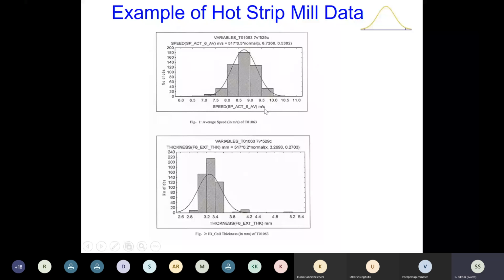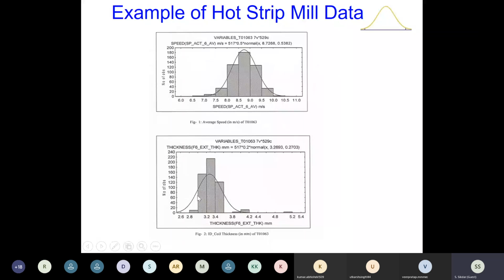Similarly here, thickness is plotted. Although a range of thicknesses has been rolled, the samples I was analyzing had thickness in between 3.2 and 3.4.